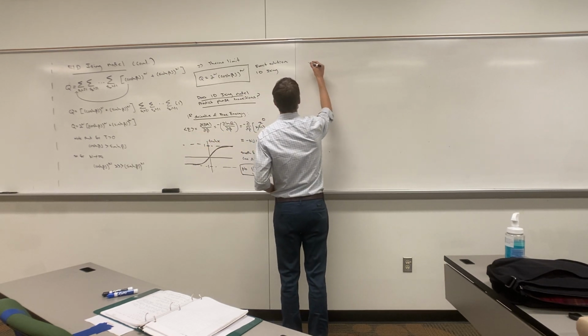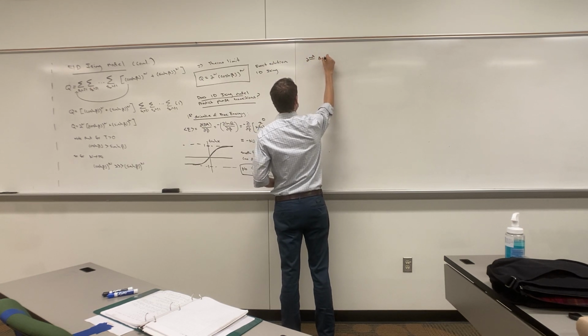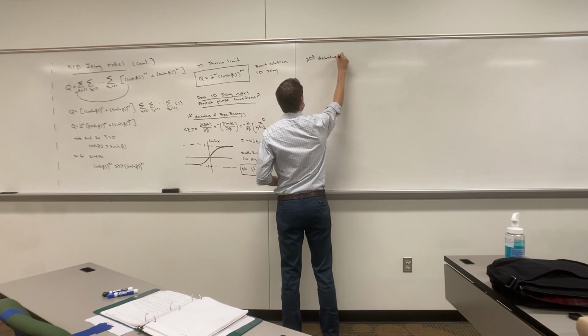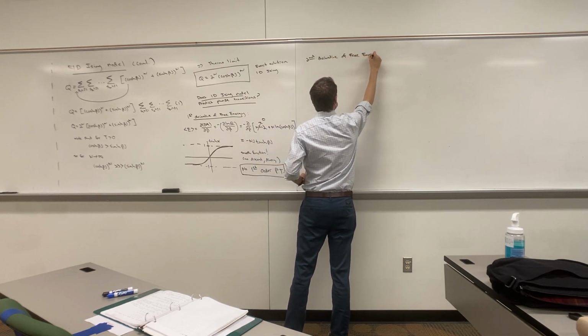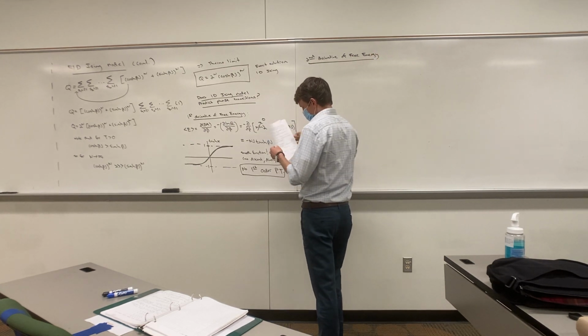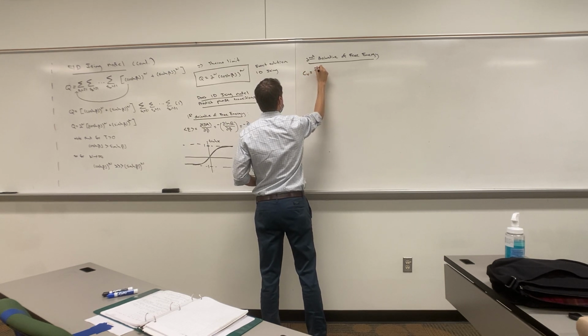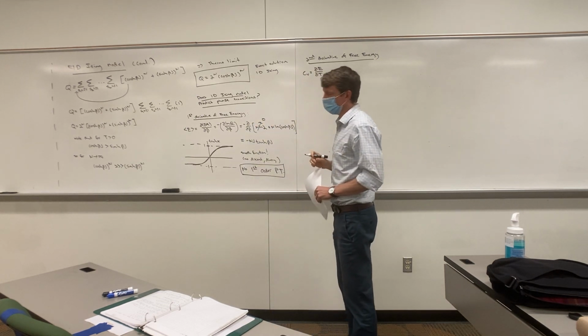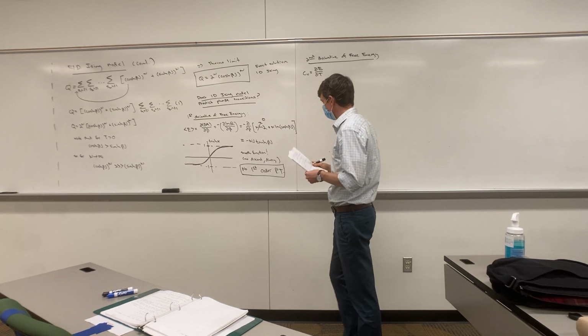So let's do the heat capacity. So the heat capacity is dE/dT. And so we're taking another temperature derivative to get a second derivative of free energy.